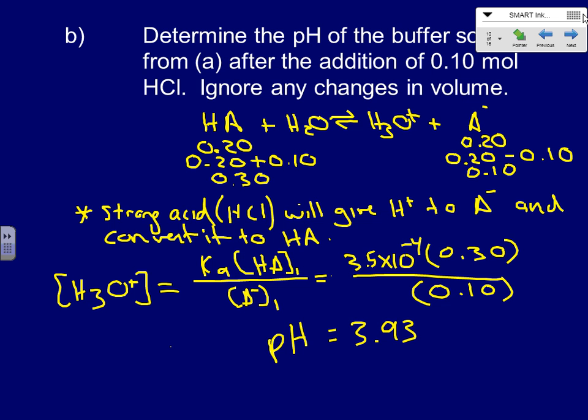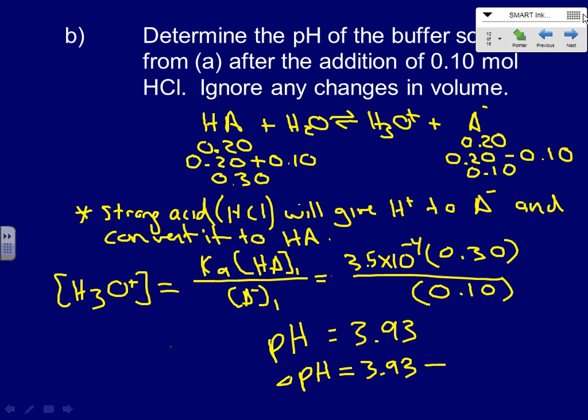Let me do one calculation on the end. Let's do a delta pH. Could somebody tell me what the pH change was from before the buffer was added to after the buffer was added? So after the buffer, 3.93. What was it before the strong acid was added? What did I do?